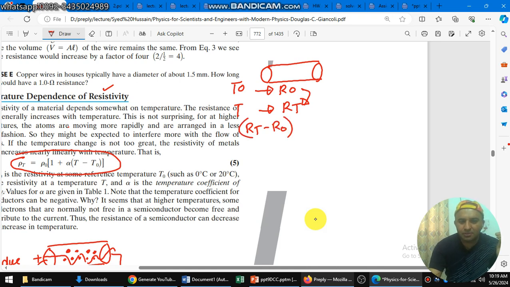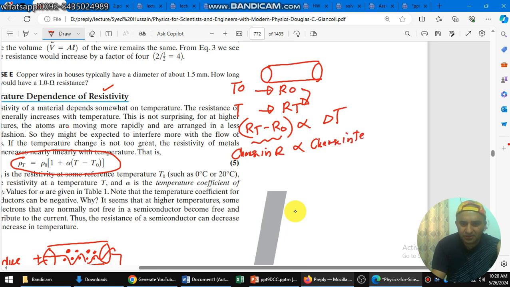will depend upon two things. It is proportional to the change in temperature, del T. If you increase the temperature more, the change in resistance must be more. The more you increase the temperature, the more will be the change in R. This is equation number 1.